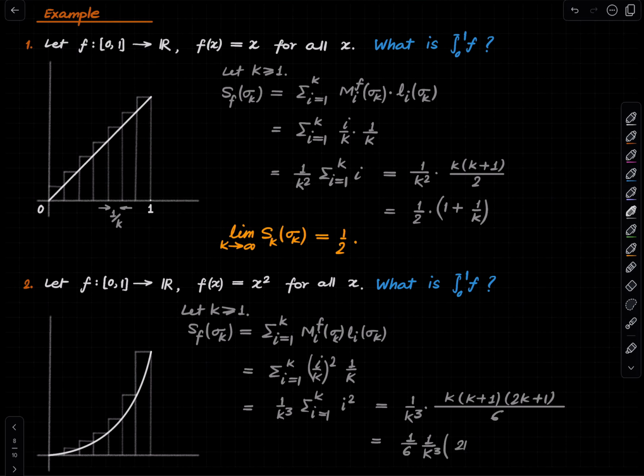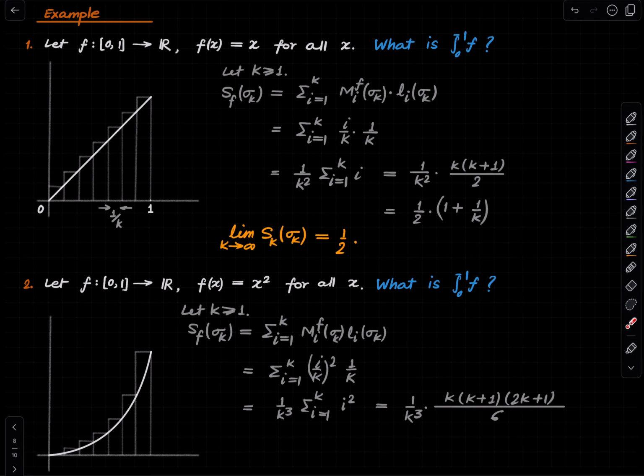We have 2k cube plus something which has the square of k. Something times k square plus something times k plus some constant. And now if you push in k cube, you'll get a 2, and everything will die down in the limit as k goes to infinity. So your answer will be 1 upon 3. So let me not do the details. Just calculate this limit as k goes to infinity. You will see it is 1 by 3.